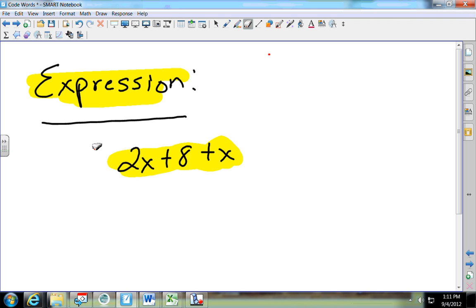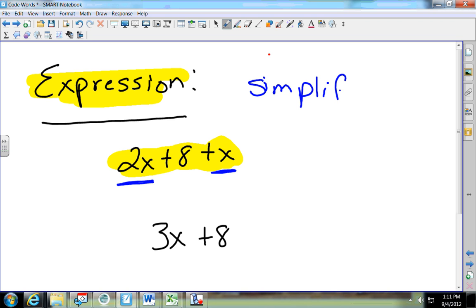The only thing I can do here is combine like terms. So I would get 2x plus 1x, 3x plus 8. With an expression, all I'm able to do is simplify, to combine the things that go together, and that's the only thing I can do with an expression. An expression is part of an equation.